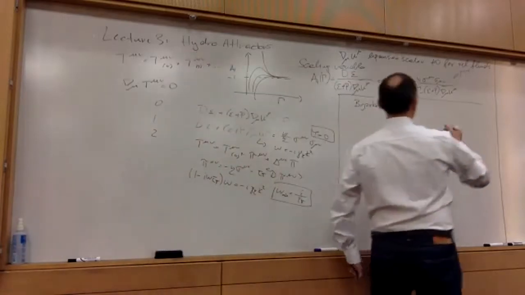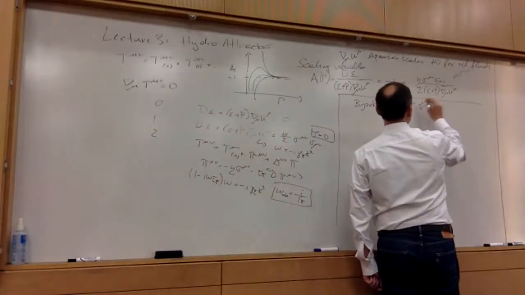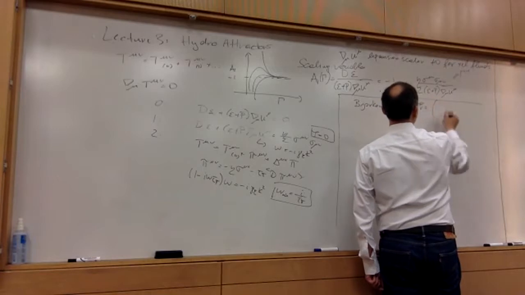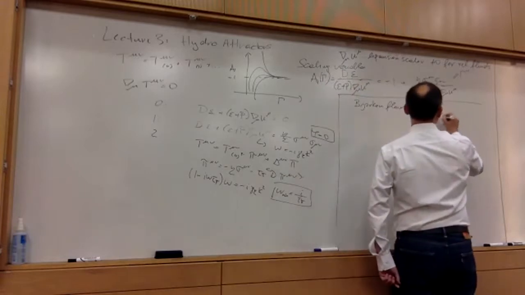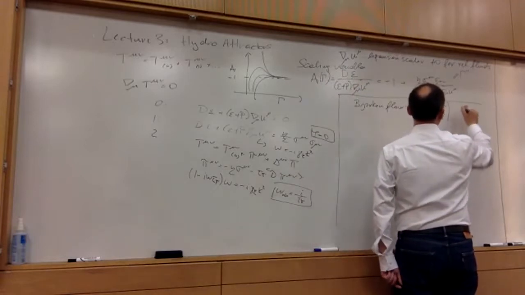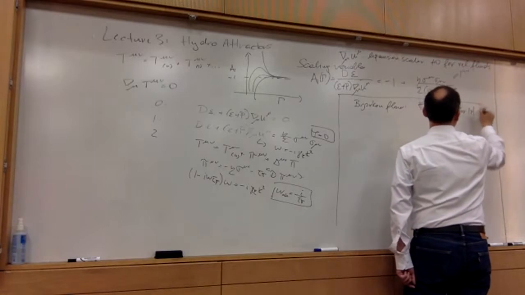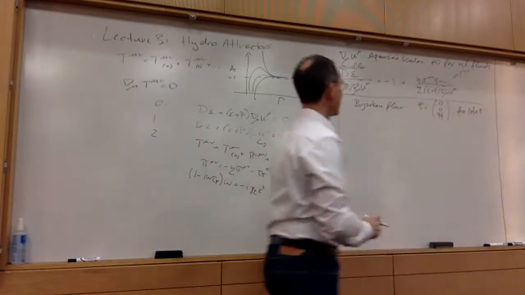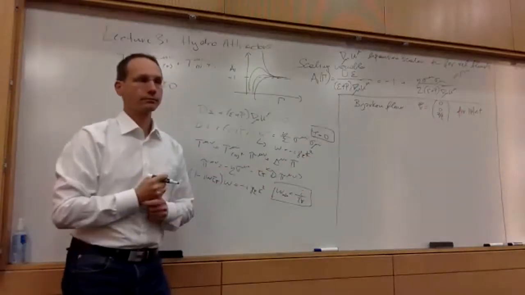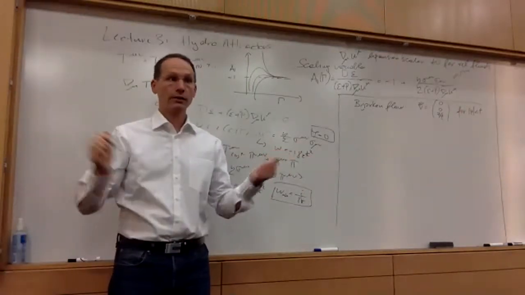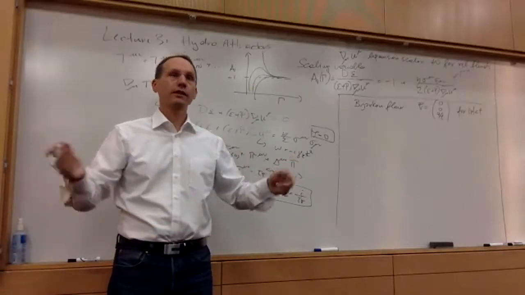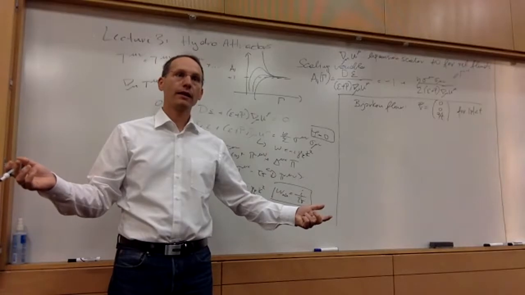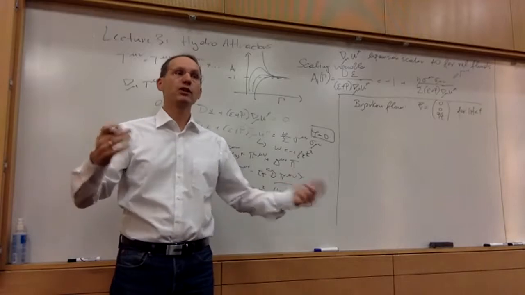So Bjorken flow says that the velocity with which the system is expanding is 0 in the two transverse directions, and it's z over t for absolute value of z smaller than t in the longitudinal direction. Okay? So it's expanding in one dimension, it's homogeneous in the two other directions. And because we prescribe what the symmetry is, this completely fixes the space-time, and then the discussion is, because it has so much symmetry, it's much easier to do.